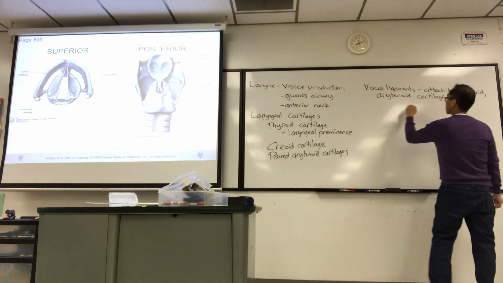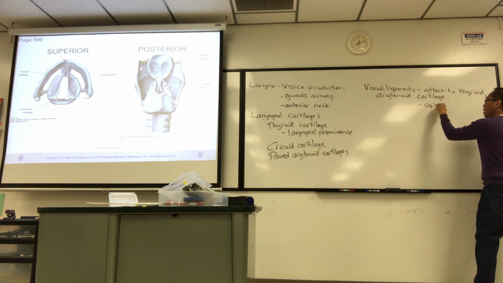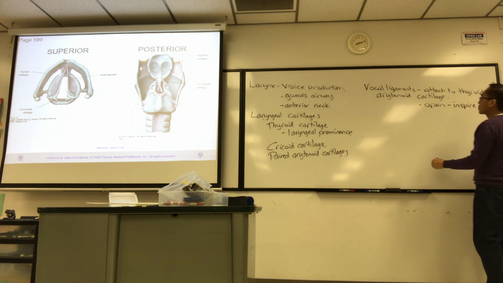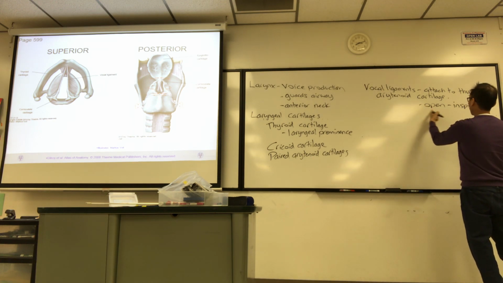Vocal ligaments. Open's important. That's when you take a breath in. That's the only way you can get air in. They got to be open when you breathe in. Inspire air. Okay. So open, inspire air.